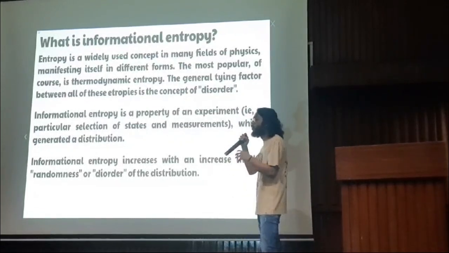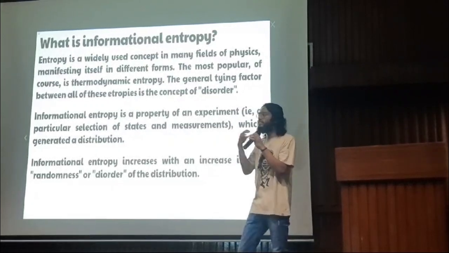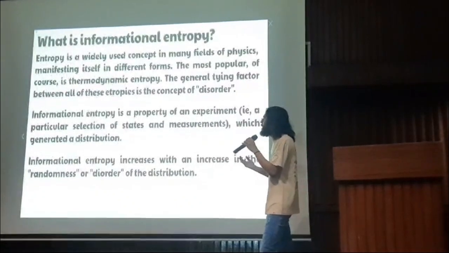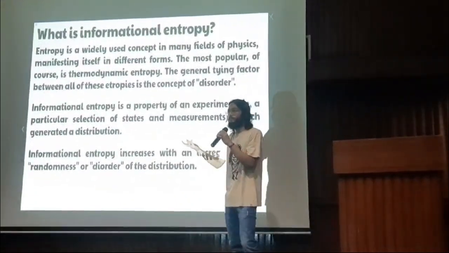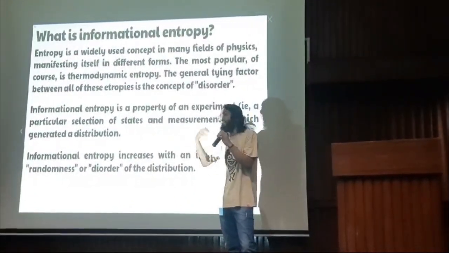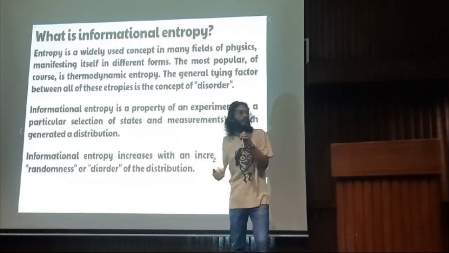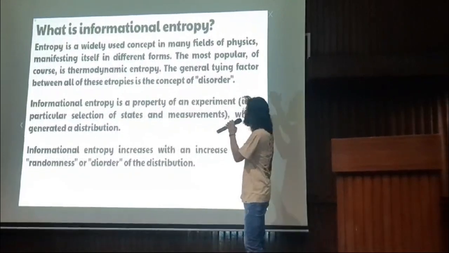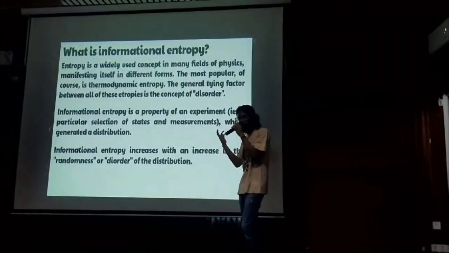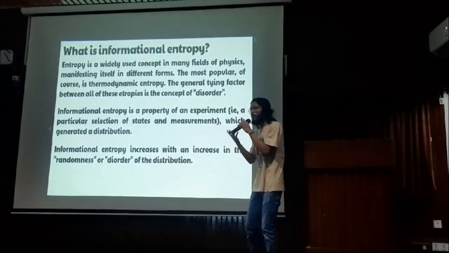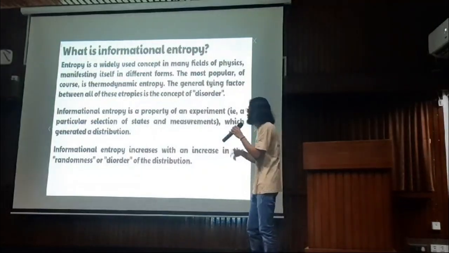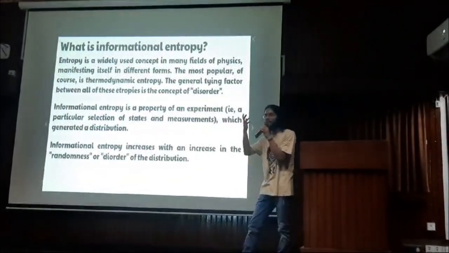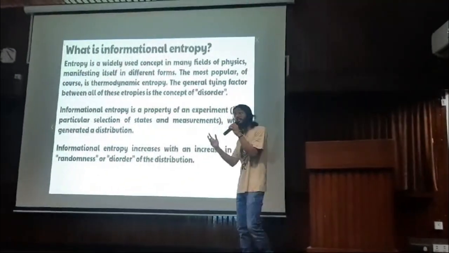So it's a more uniform system versus, let's say, a system that's 50-50. If it's 50-50, then it's completely random. It's as random as it can get, so it's as disordered as it can get. You can also say that informational entropy is a property of an experiment, and it has a particular mathematical form, and there are particular reasons for it.